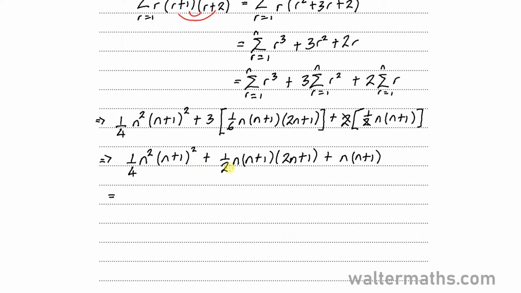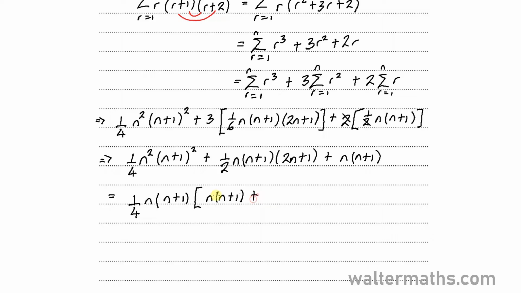Now we can factorize, and I'm going to factor out a quarter of (n + 1). If we do that, dividing a quarter of (n + 1) into this first term, we will get n squared... I mean n of (n + 1) remaining.